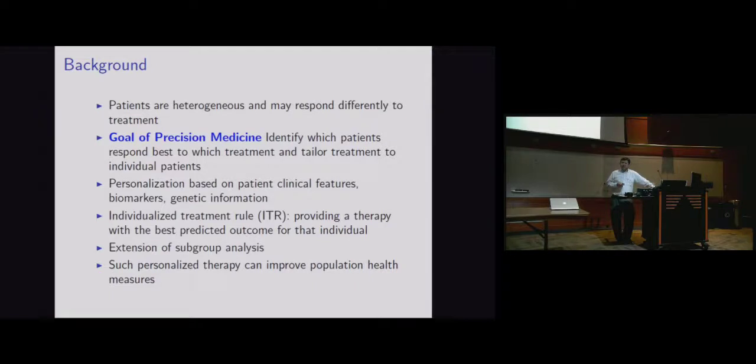In some sense, this could be considered an extension of subgroup analysis, right? In subgroup analysis, you're trying to figure out a subgroup of patients that respond to a particular treatment. This is taking that down to the individual patient level. And one of the advantages is this kind of personalized therapy can actually improve population health measures when you look at the strategy in terms of its population impact.